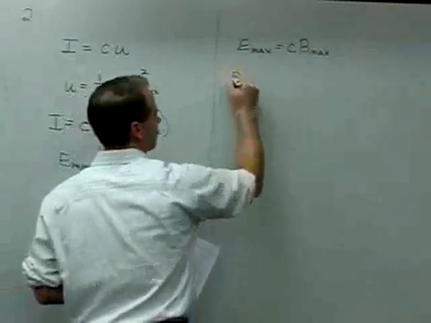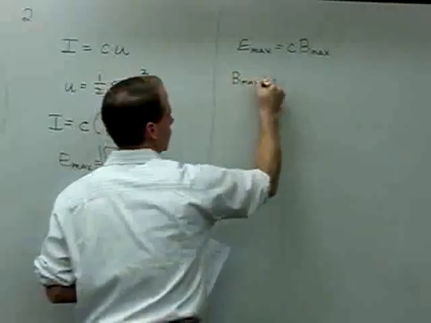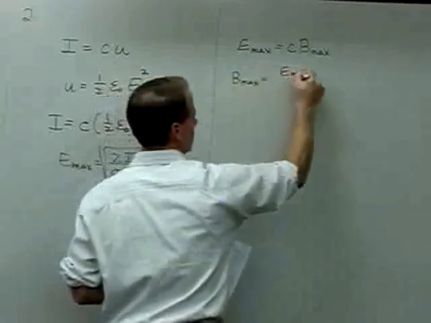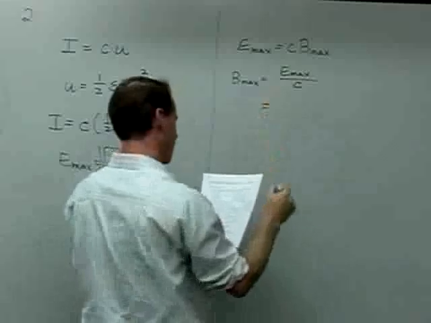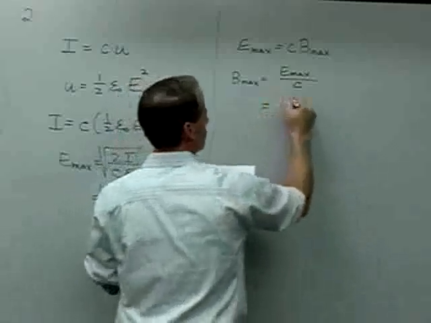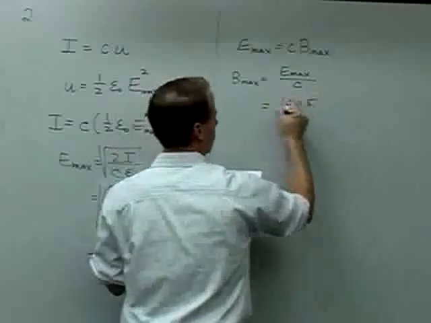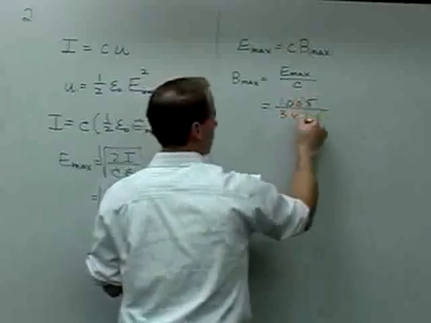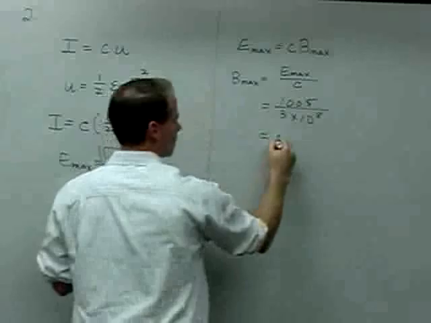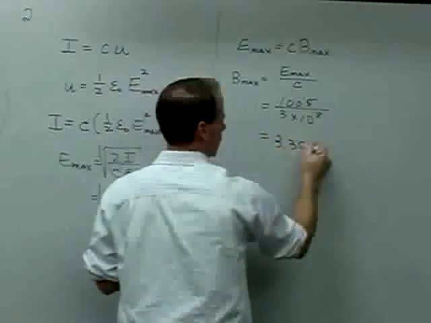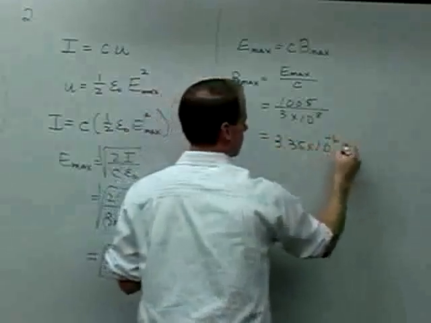So magnetic field equals E max divided by the speed of light. And so this will be 1005 divided by 3 times 10 to the 8. It's 3.35 times 10 to the minus 6 Tesla.